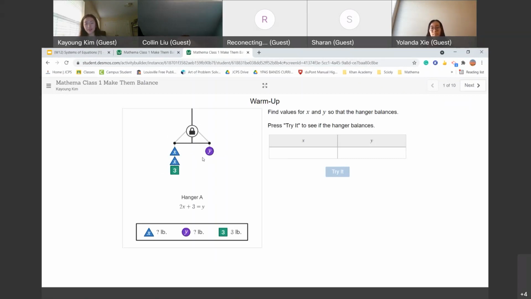So you're trying to balance it so that it's straight. So let's see, I'm going to put in 1 and 5. So 1 plus 1 plus 1 plus 3 is 5, and then 5 is 5. Yeah, it balances. So you guys can do that too if you want to. Pretty simple.